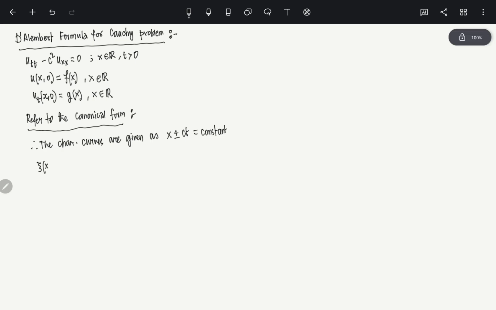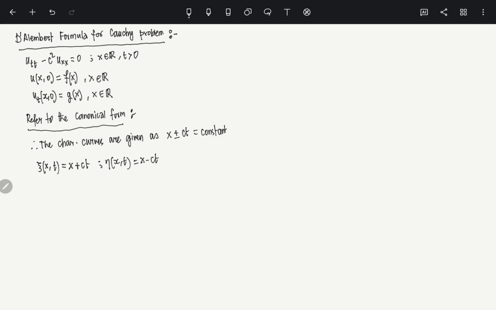Okay, so you remember how we introduced those two changes of variable? We were using the characteristic curves to define two new variables xi and eta. In this case we define xi of x,t as x plus ct, and eta of x,t as x minus ct.